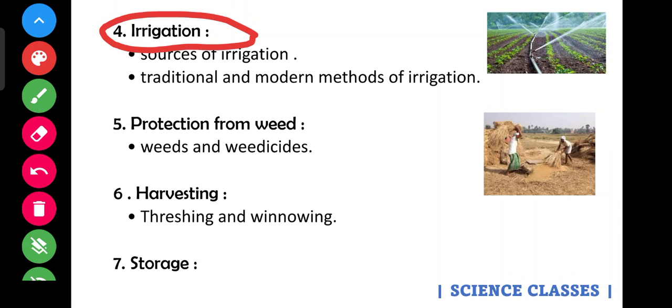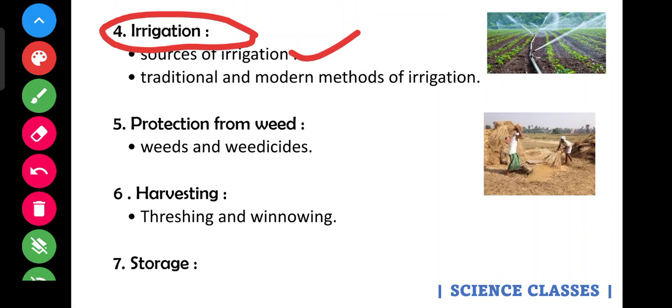The supply of water to crops at regular intervals is called irrigation. In the irrigation paragraph of your chapter, crop production and management, you will learn the sources of irrigation, how water is supplied to the crops at several intervals. What are the sources of irrigation? The source of irrigation can be a river, a lake, or ponds.